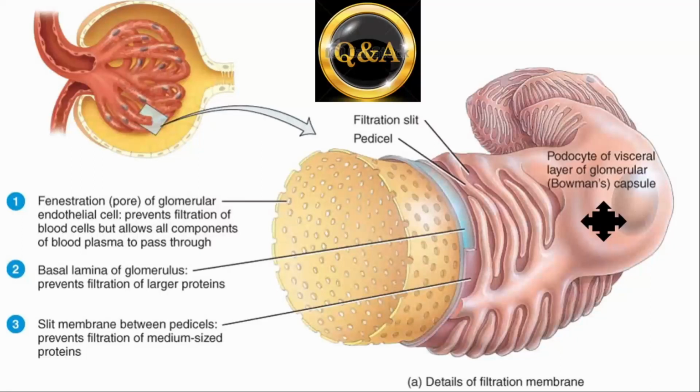This is the visceral layer of Bowman's capsule, and we can see it is sending a central process called the primary process, and this primary process is sending side processes called secondary processes, and this same cell is going to send another central process which is also giving secondary processes, and we can see there is interdigitation of secondary processes, and there's a space between the secondary processes.